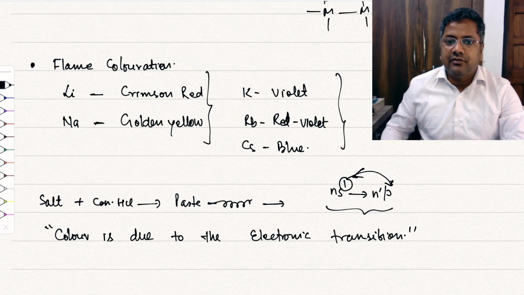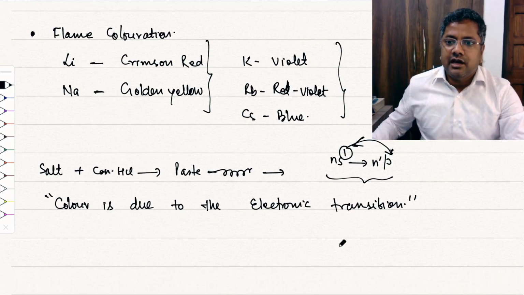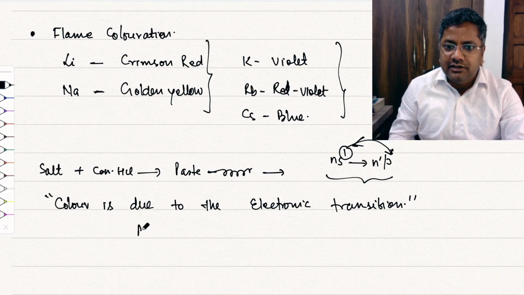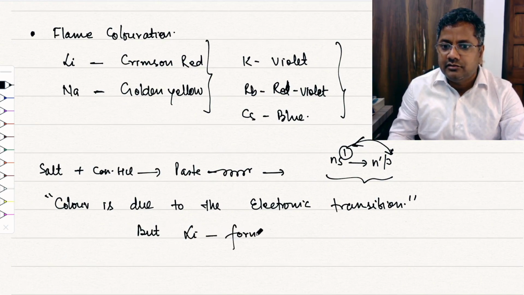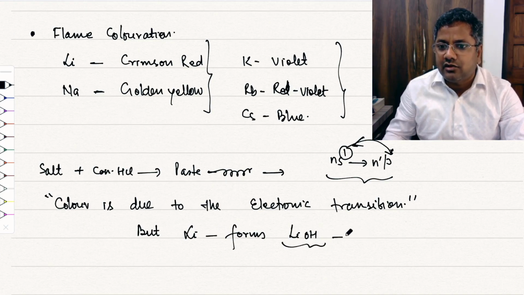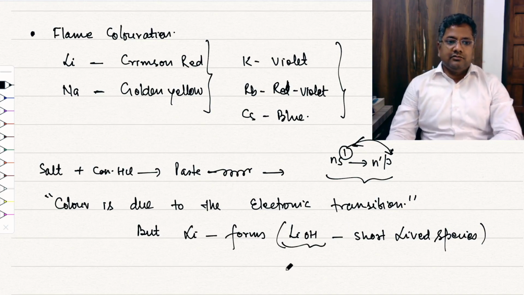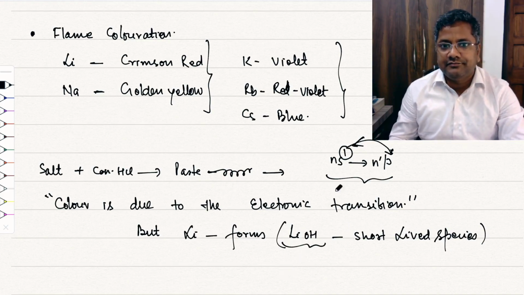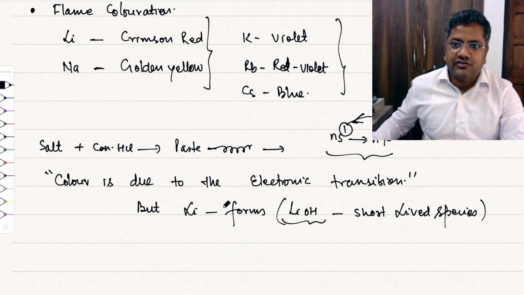All the elements show color in the flame test due to the electronic transition, but lithium forms lithium hydroxide, which is a very short-lived species. So this is the flame coloration, right?